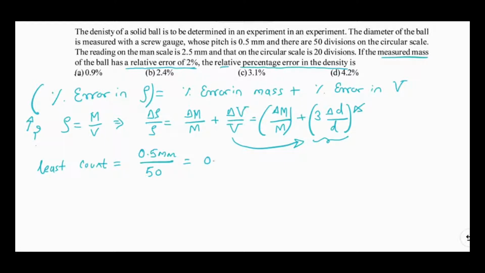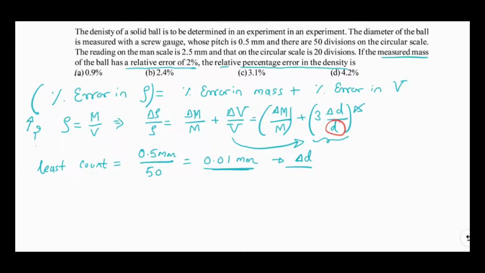So this comes out to be 0.01 mm. This is the least count, and this should be the error in the diameter, because any instrument gives a minimum error equal to its least count.